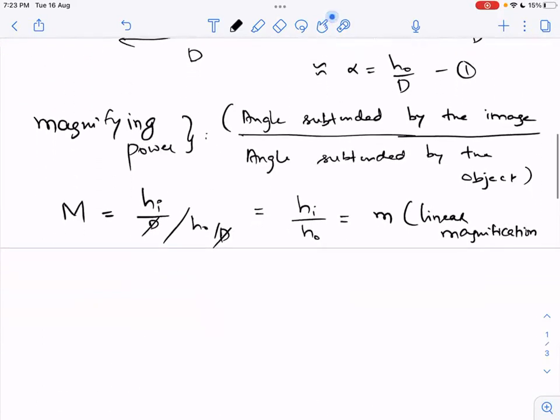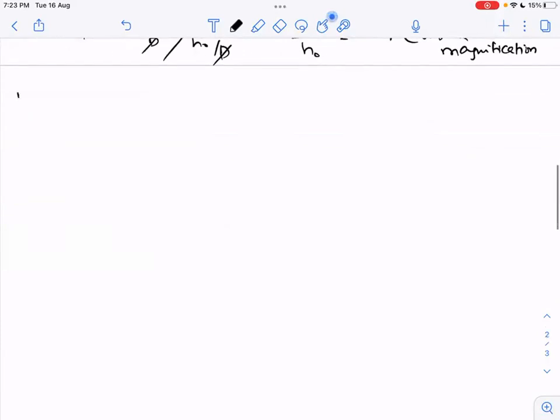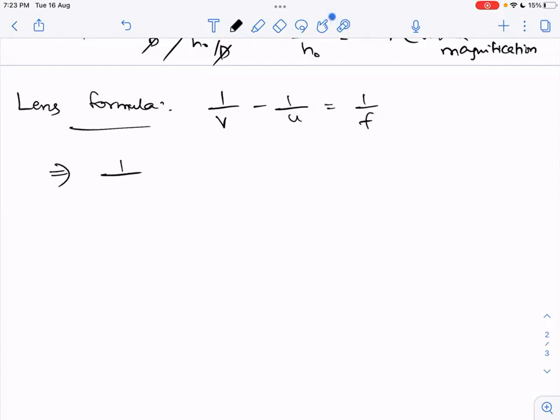Okay. Now what I will do is I will apply the lens formula. When I apply the lens formula, I'll get something like this: 1 by v minus 1 by u is equal to 1 by f, which implies 1 by v is formed at minus d, minus 1 by u is minus u, is equal to 1 by focal length of a convex lens, which is positive.